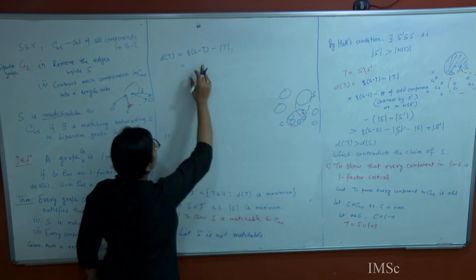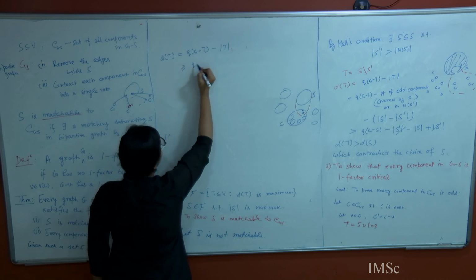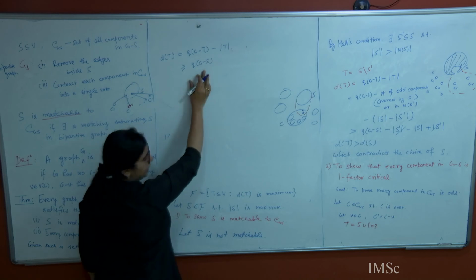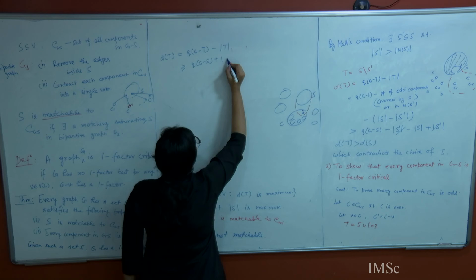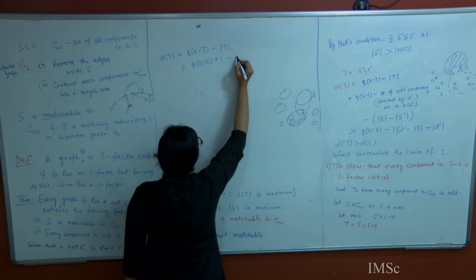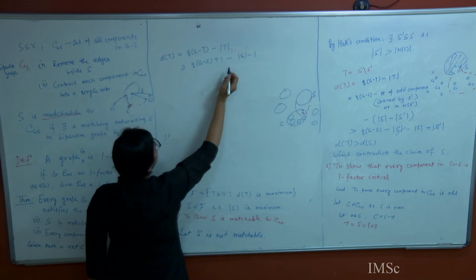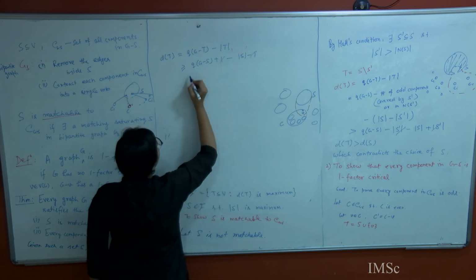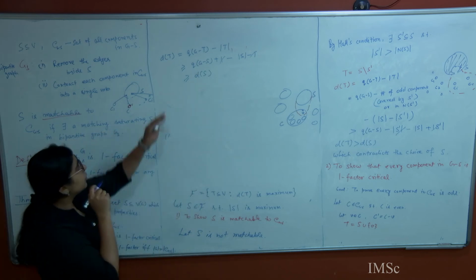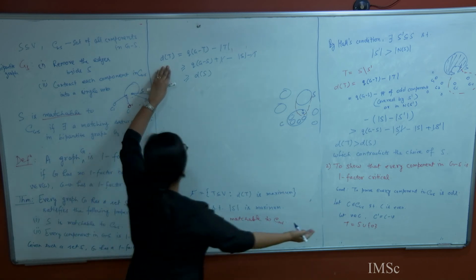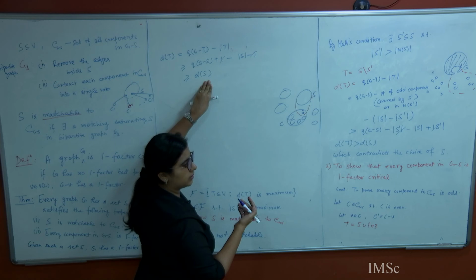That means Q of G minus T is at least the number of odd components in G minus S plus 1, right? And what is the cardinality of T? This is the cardinality of S plus 1. So this is basically D of S.